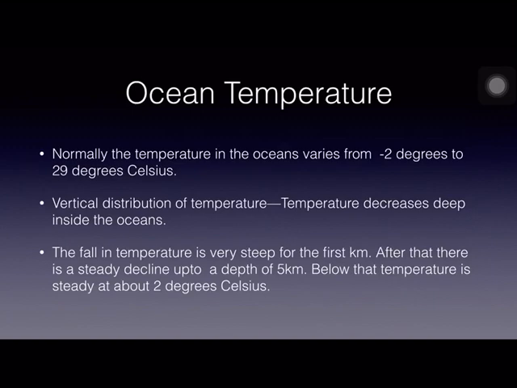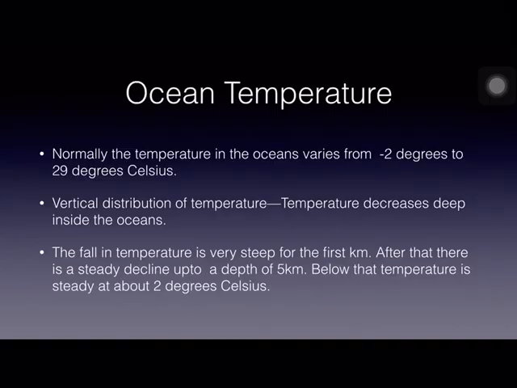Normally, the temperature of the surface water of the ocean varies from minus 2 degrees to 29 degrees Celsius. And in the vertical distribution, temperature decreases deep inside the oceans. The fall in temperature is very steep for the first kilometer.